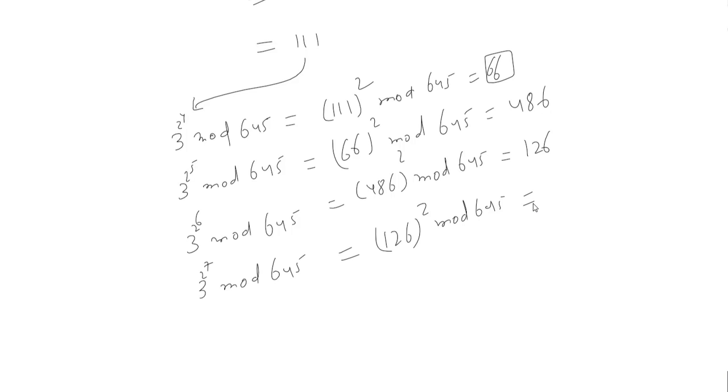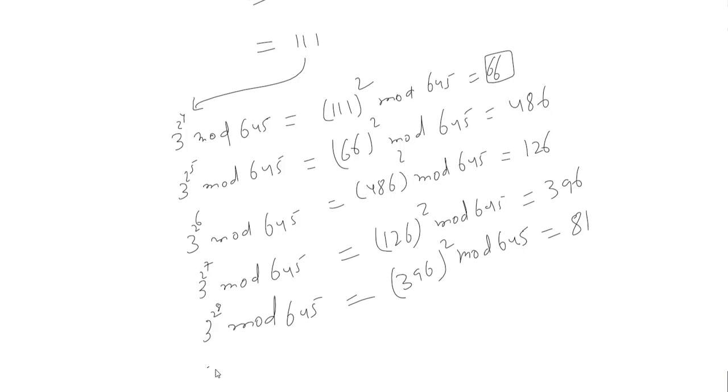What we'll be getting is 396. Then again, we'll calculate 3 raised power 2 raised power 8 mod 645. This will be equal to 396 square mod 645, and the result that we'll be getting is 81.